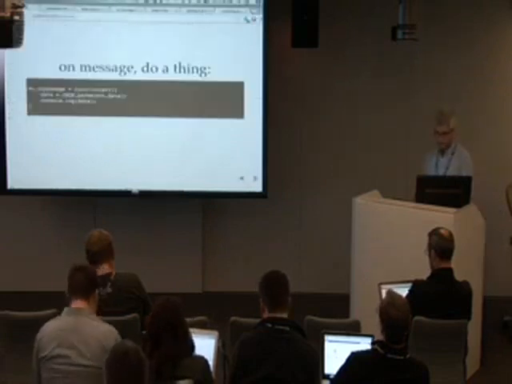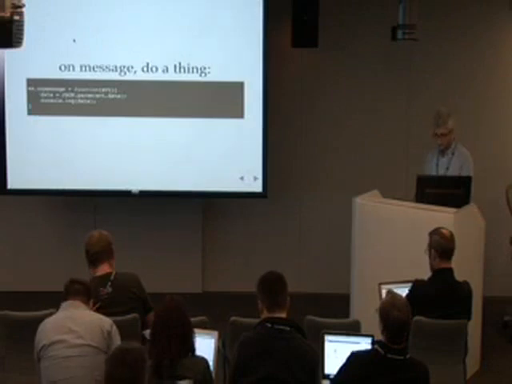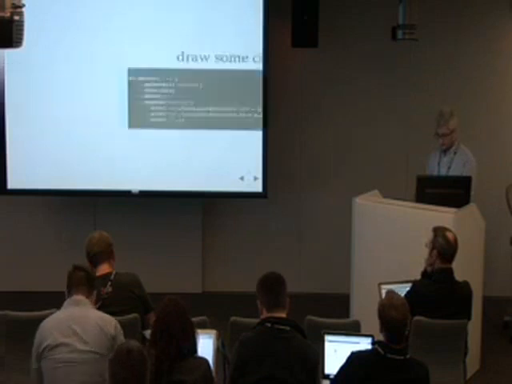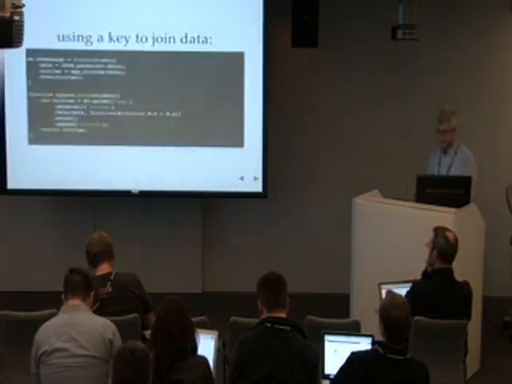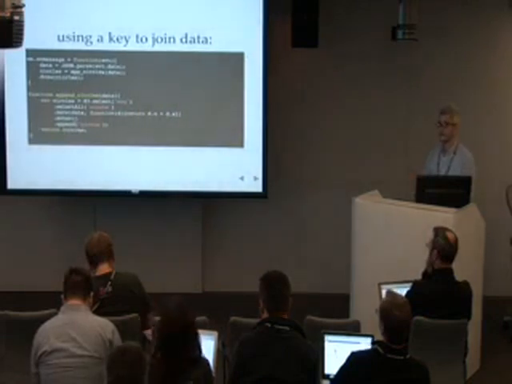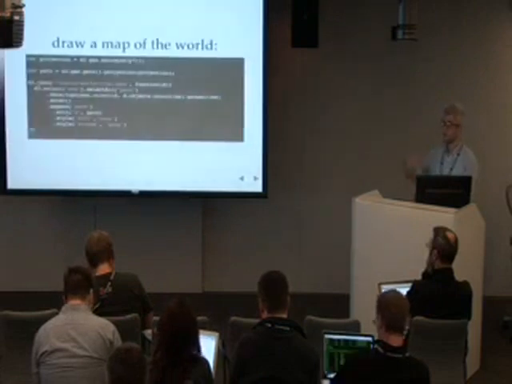So just to recap, and then we'll get on. We had a look at a WebSocket on-message handler. We drew some circles, which weren't particularly exciting. We talked a little about using a key to join data against something that's not just index, so that we could draw more and more things each time new data arrived.